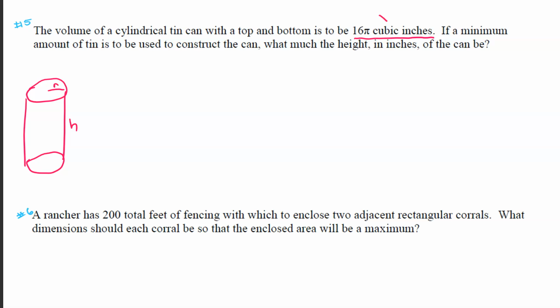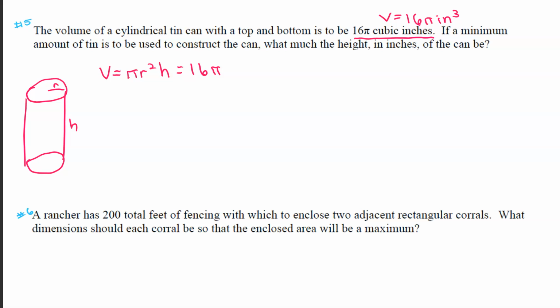That cubic is signaling to us that we're talking about a volume. The volume equation for a cylindrical tin is the area of the base, pi r squared, times the height. And we're told that's equal to 16 pi.